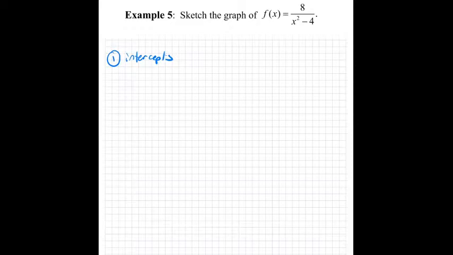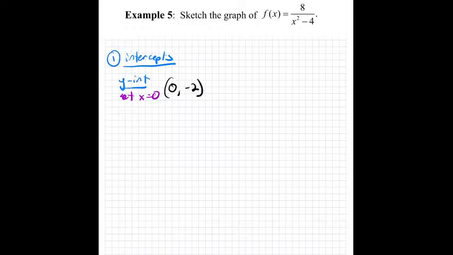For the y-intercept, we set x equal to 0 and solve. So if we set x equal to 0, 8 divided by -4 is -2. So the y-intercept we get is (0, -2). I usually like to start there because it's just that quick, right?